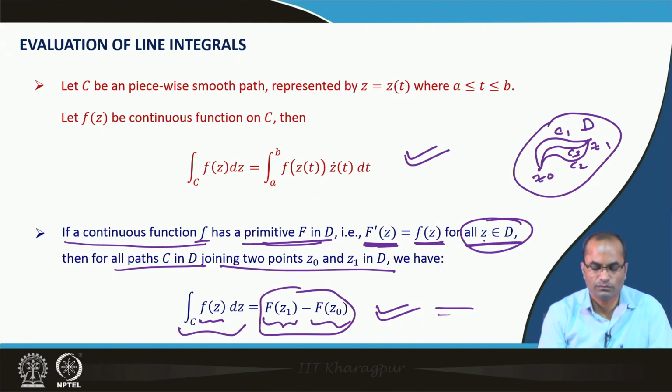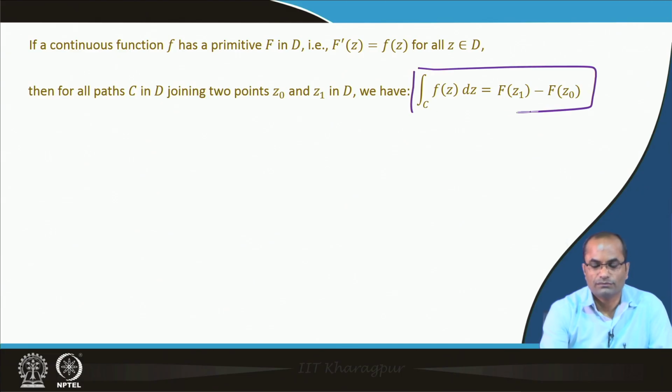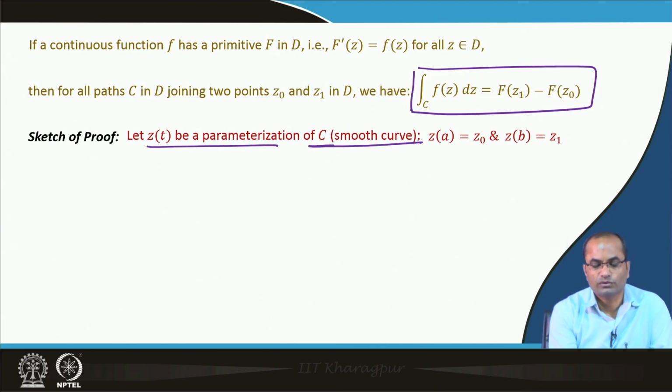We can take a look at how to get this formula, this value, using the above definition of the integral. Let us look at it very briefly. Let us say z(t) is the parameterization of this smooth curve.